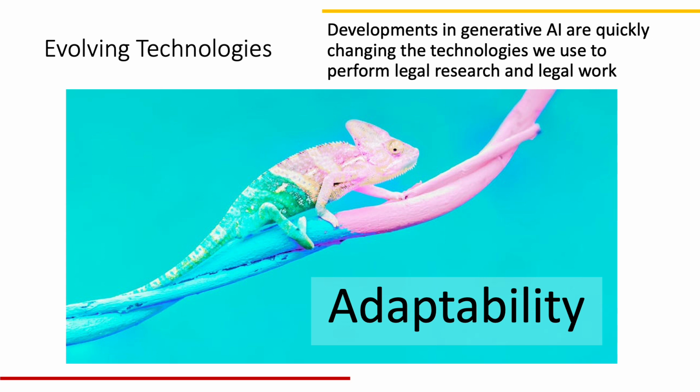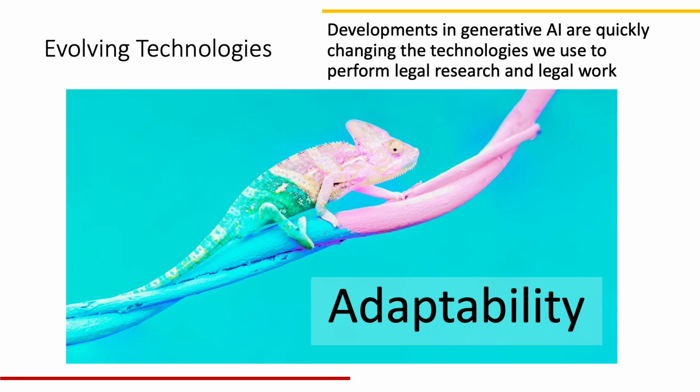Developments in generative AI specifically are quickly changing the technologies we are using to perform legal research and legal work. For example, just in the time that you've been in this course, the 6-7 weeks, Westlaw has introduced their AI systems. Lexis has introduced their AI systems. There have been a lot of other developments.